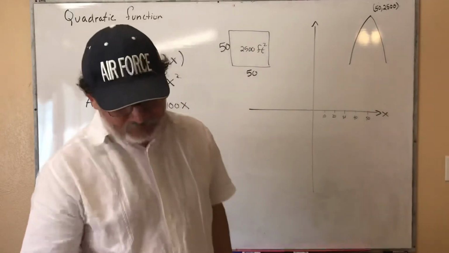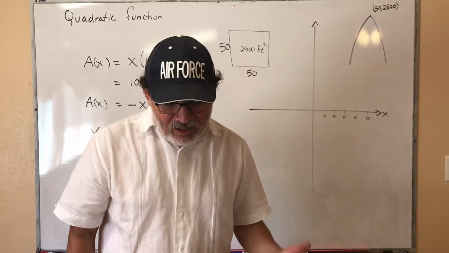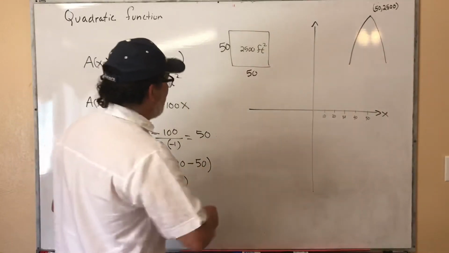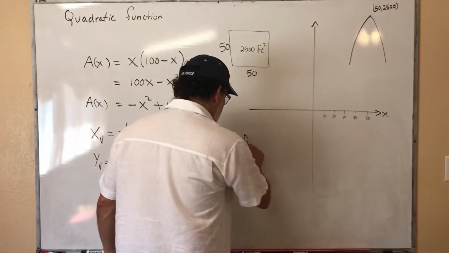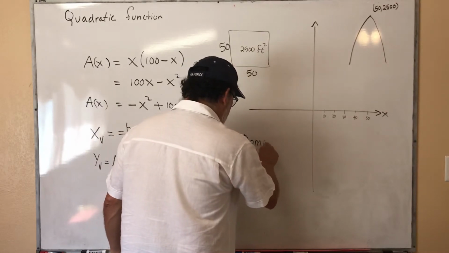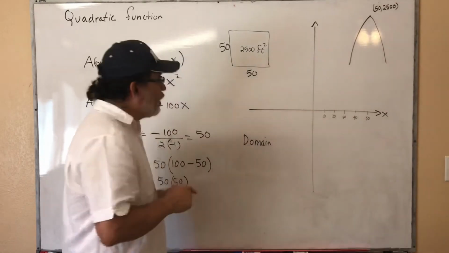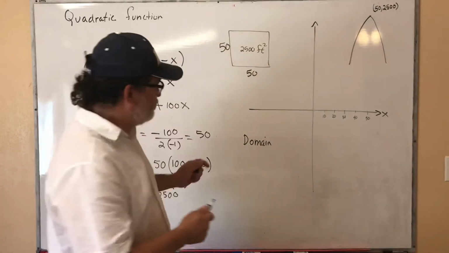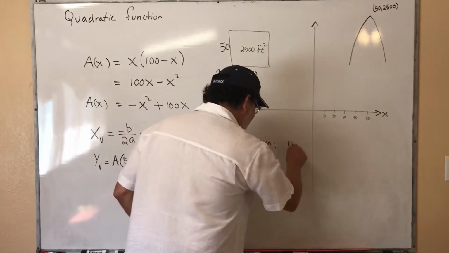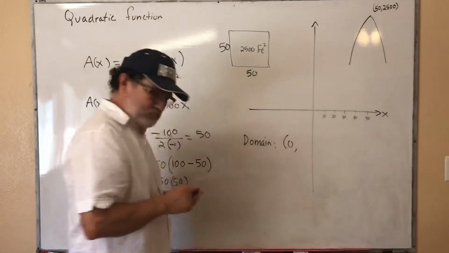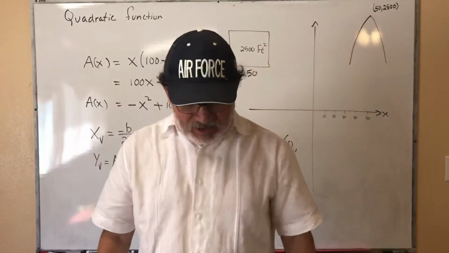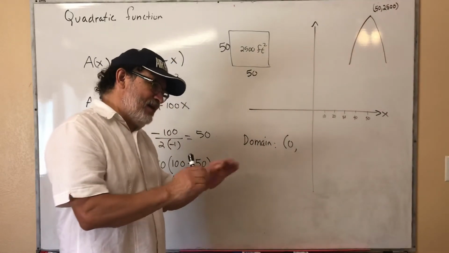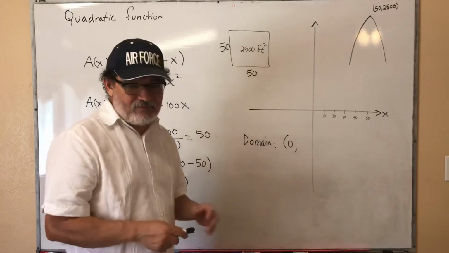So theoretically, the domain, okay, X could be 0, X can't be negative because a length, or a width, is not negative.